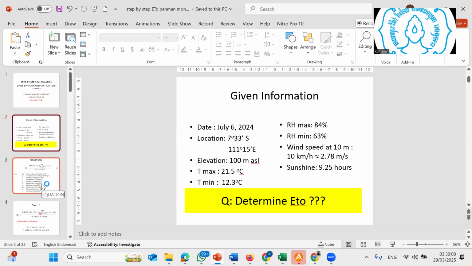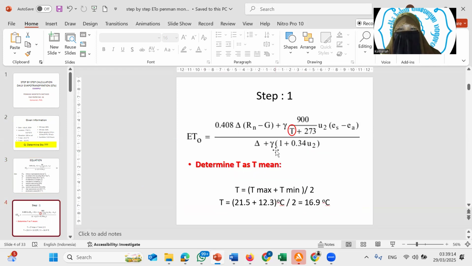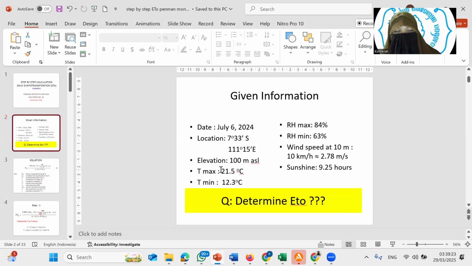So as we know, this is the equation given from the FAO handbook. Okay, so we will try to solve this problem step by step. Step 1, what we have to do is determine the T as T mean. The given information was T max and T min.